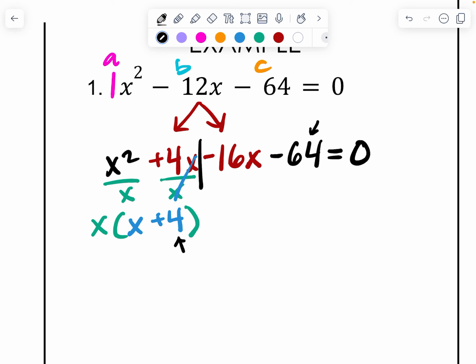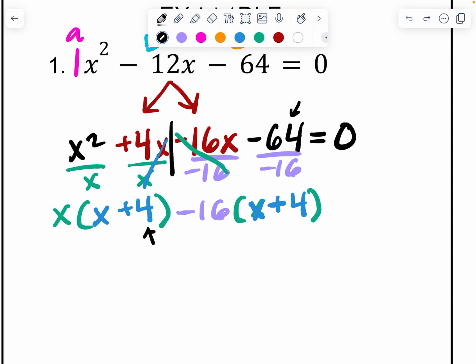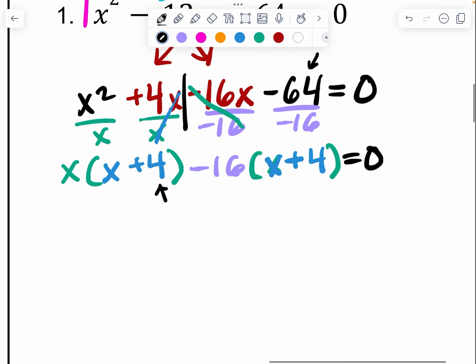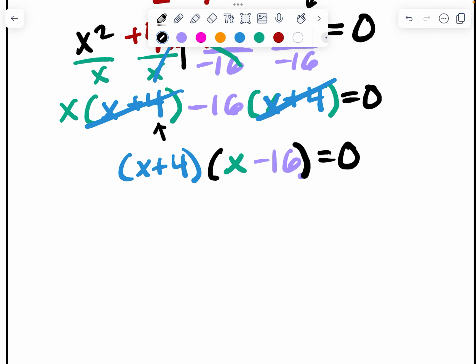Negative 64 divided by 4 is negative 16. This gives me x plus 4 again. Equals 0. So fully factored, I have x plus 4 times x minus 16 equals 0. So my two factors are x plus 4 and x minus 16.